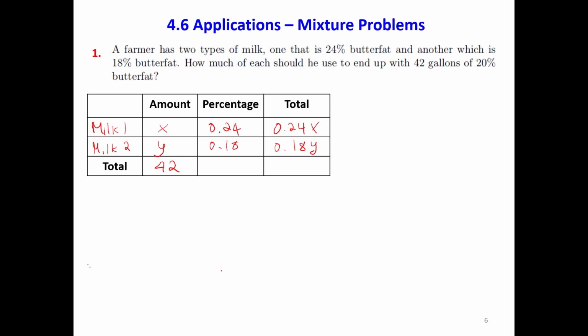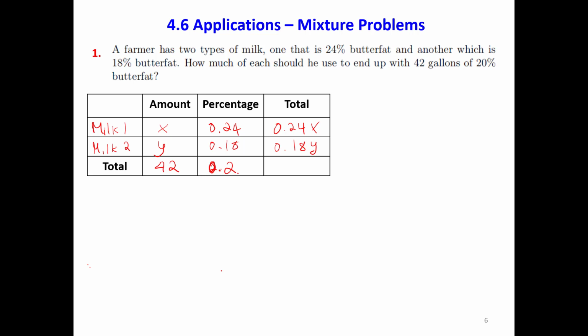Now we know the percentage we want for the mix. When we mix both, it's 20%. Then we write here the total milk, when we mix these two, the total amount. 20% means 0.2, as we divide 20 by 100 and get 0.2.